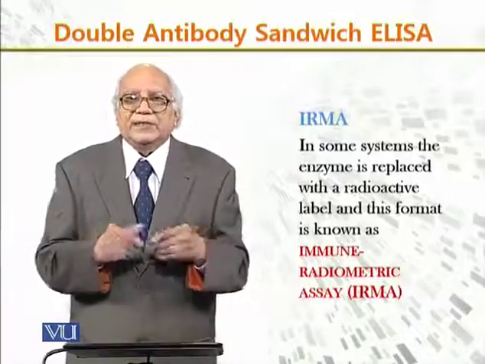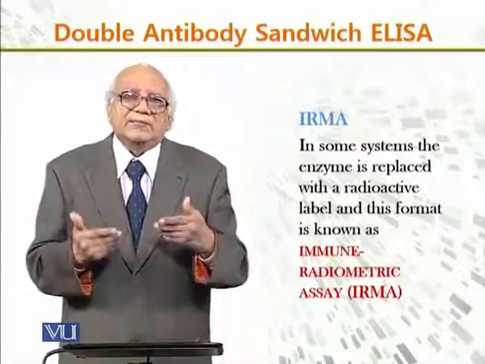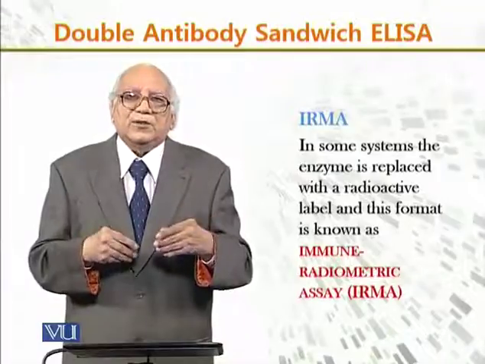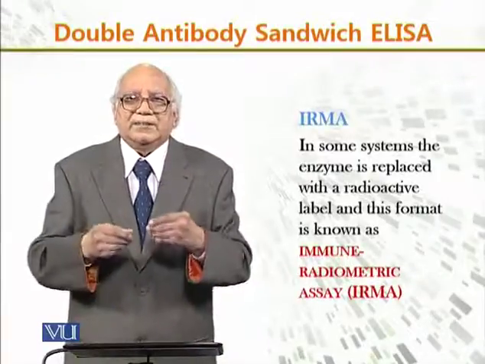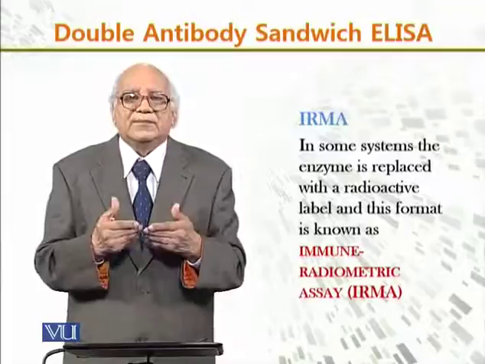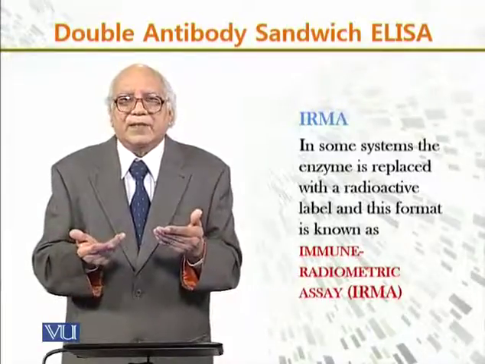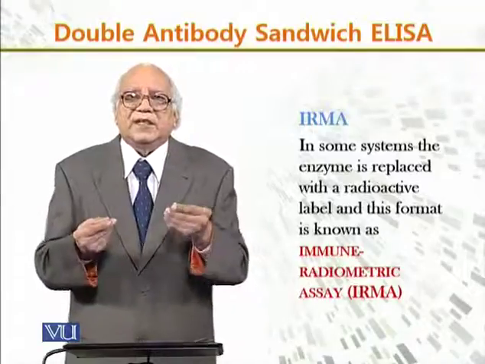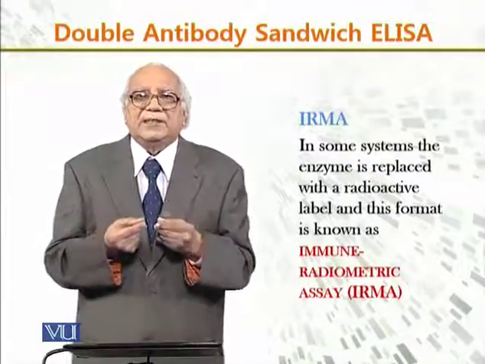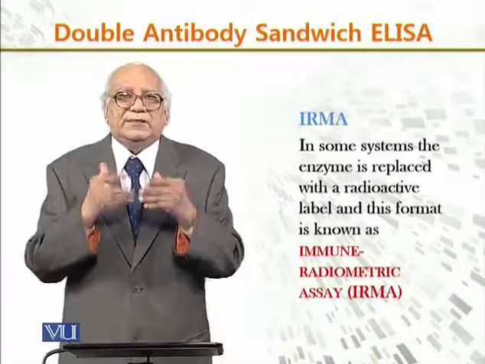In the previous one, we used a marker enzyme which gives a chromogenic reaction, that is, the production of color. Now we need some detection. Another very precisely determined thing is radioactivity.